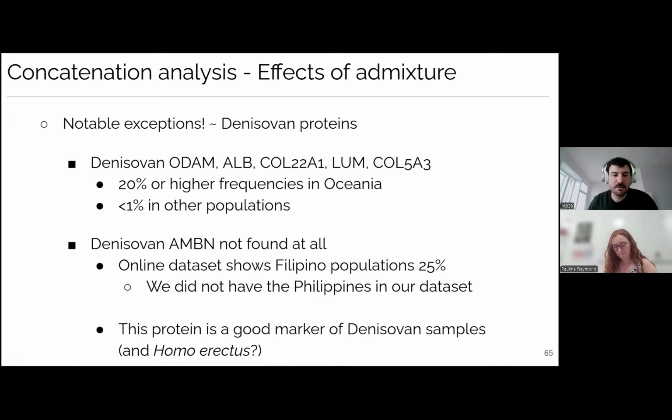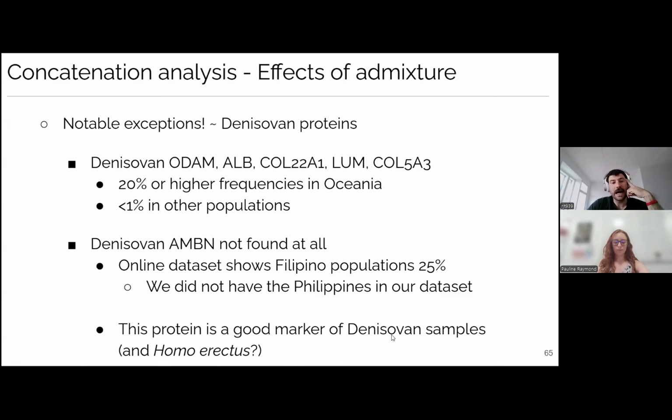Unfortunately, we're not able to find this particular AMBN protein, which in other online datasets, not the one we use, has been shown to have up to 25% frequency in Filipino populations, so modern humans from the Philippines. And unfortunately, we did not have Filipino people in our dataset.